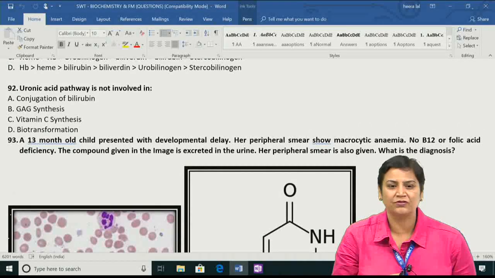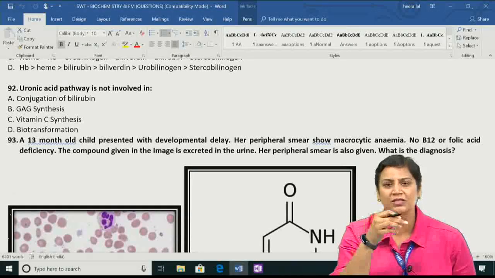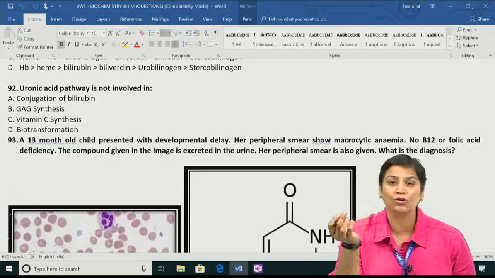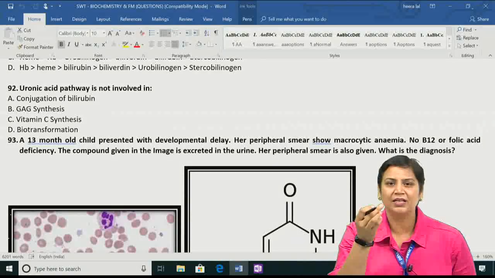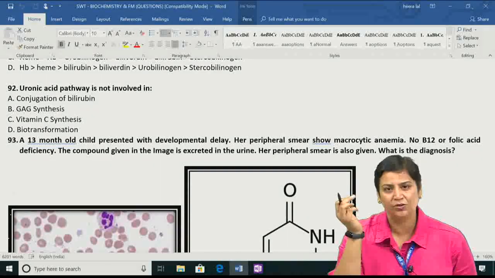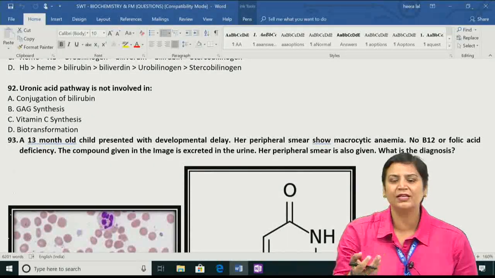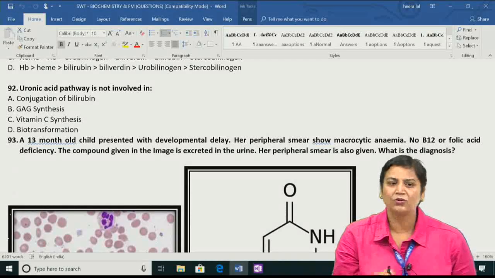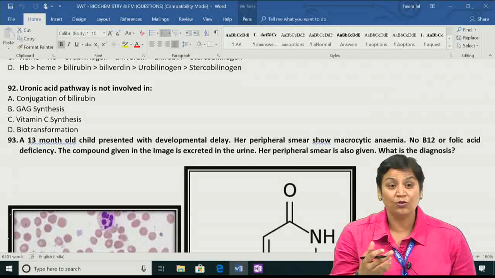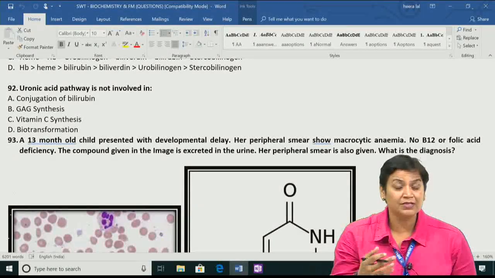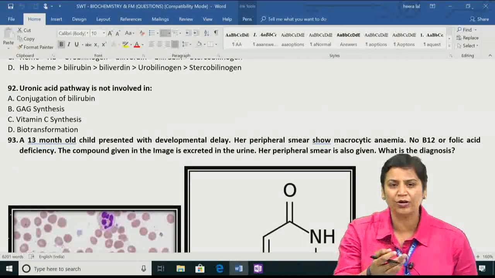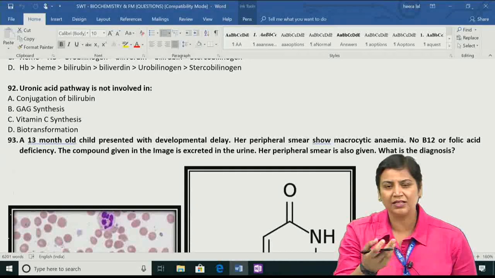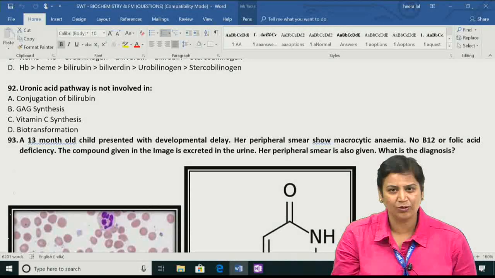And fourth is biotransformation. Biotransformation is nothing but transformation of toxic substances into non-toxic ones, so that they can be excreted as such in urine. This is basically detoxification. So glucuronic acid plays a very important role in biotransformation by hydroxylation, by conjugation, as you have seen in the synthesis of heme.